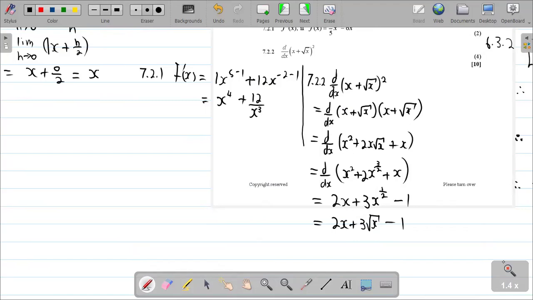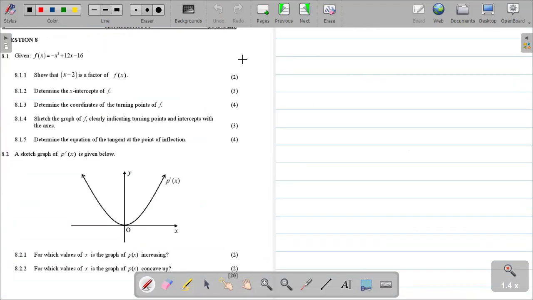Let us go to question 8. Okay, so now let's go to question 8. We're given a cubic function here, f of x equals negative x cubed plus 12x minus 16. Show that x minus 2 is a factor of f of x. So, how do we show this? We substitute a positive 2 here because we have a negative, so we change the sign.